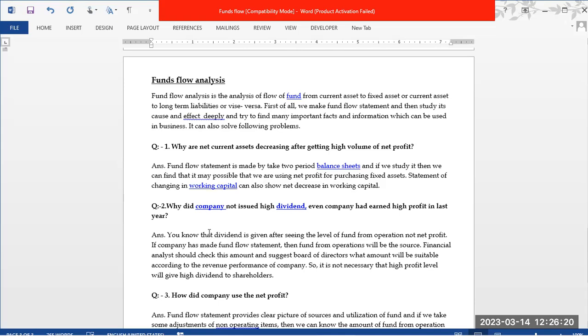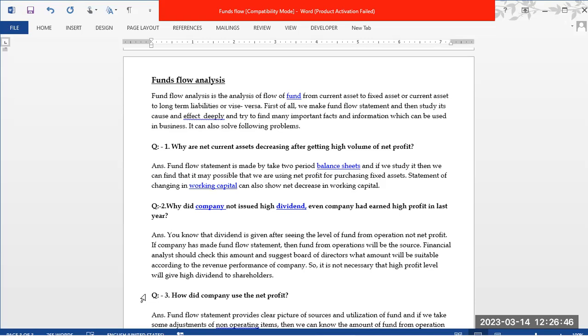Number two, why did the company not issue a high dividend even though the company had a high profit in the last year? The answer is, you know that dividend is given after seeing the level of fund from operation, not net profit. If the company has made a fund flow statement, then funds from operation will be the source.